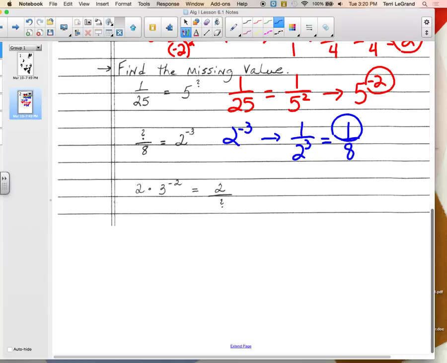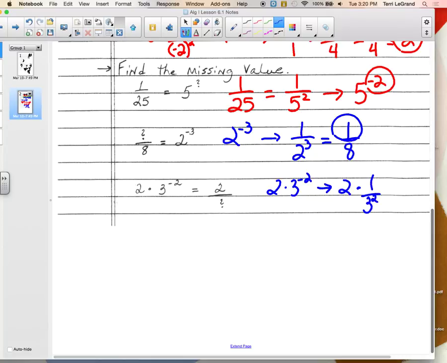Okay, and that last one. We're going to take this 2 times 3 to the -2 power, and we're going to transform it, simplify it. 2 is 2. 3 to the negative 2 power is 1 over 3 squared.